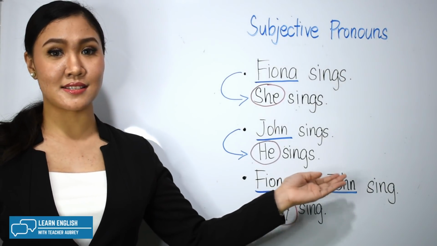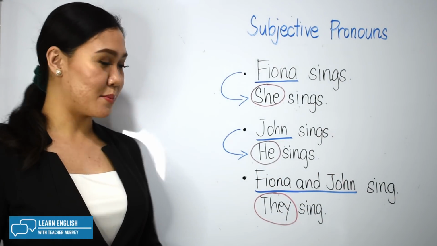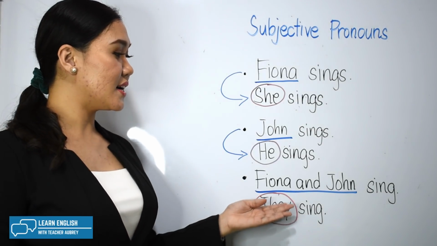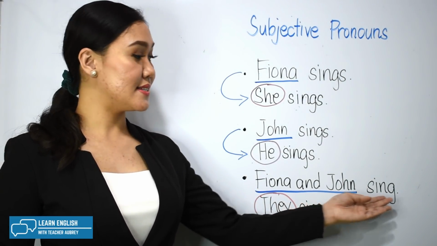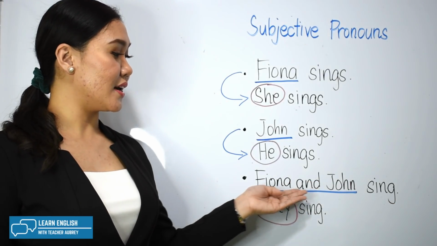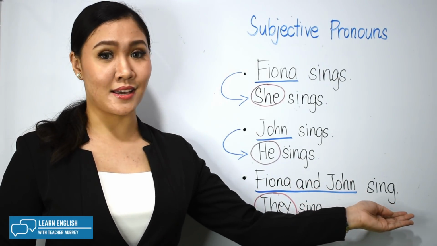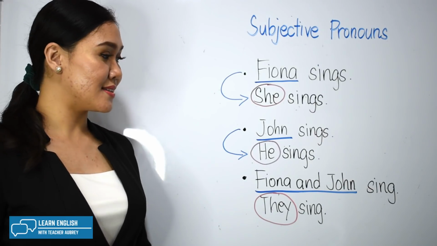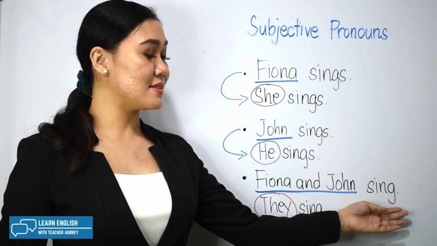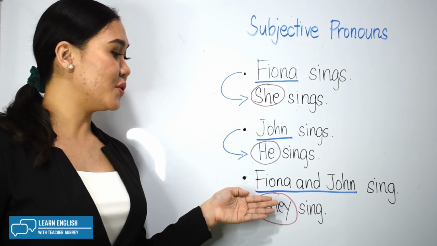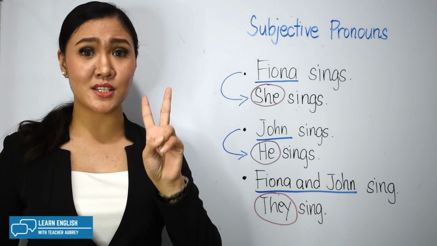And for the last example, we have Fiona and John sing. If you could notice, the verb we have here is sing because Fiona and John, they are already two.